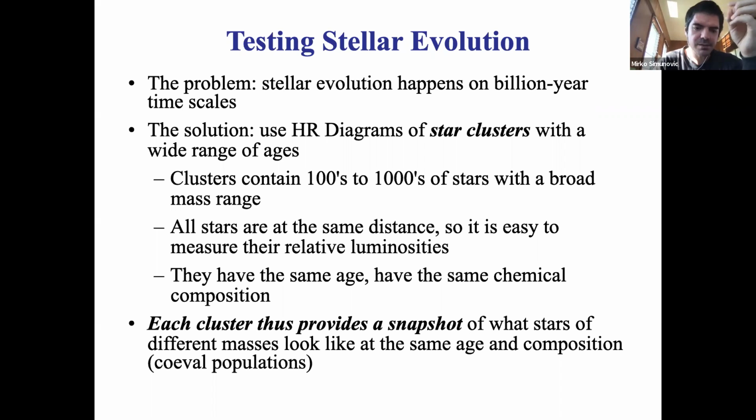We can study young clusters and old clusters, and then essentially look at the evolution of stars, because we're looking at clusters at different levels of evolution. So each cluster provides a snapshot of stellar evolution at a given level of evolution. Okay, so each cluster is one snapshot of the evolution at a given time. That's very important.